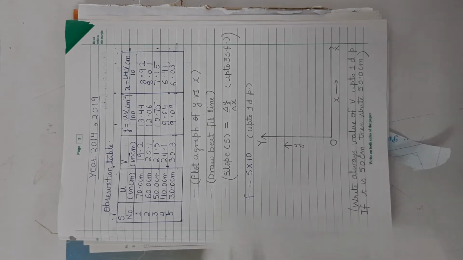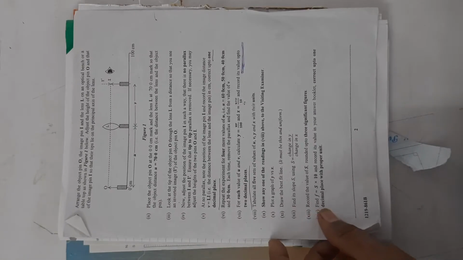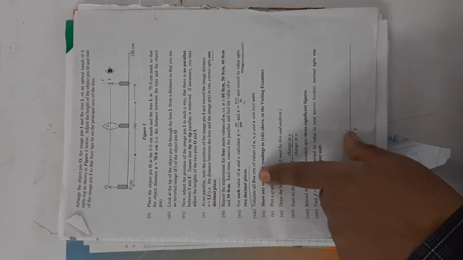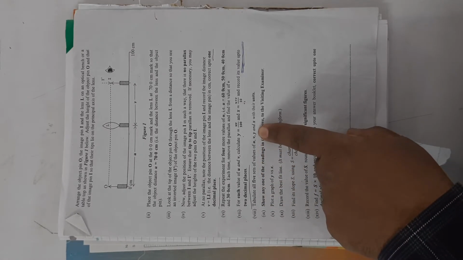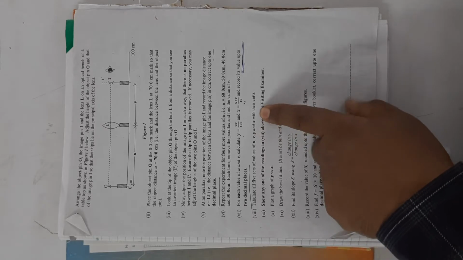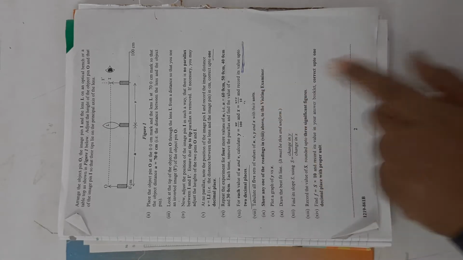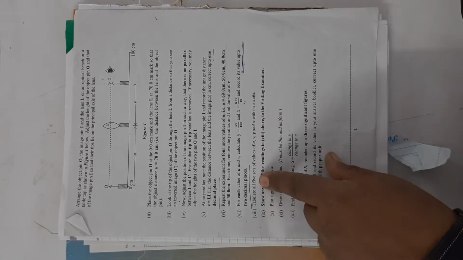Now after this, here it is given, tabulate all 5 sets of values of u, v, y and x with their units. It means wherever it is written tabulate, the table you have to make should have these 4 columns. It's clear? In every experiment, you read that experiment and how will you know what the observation table will be?